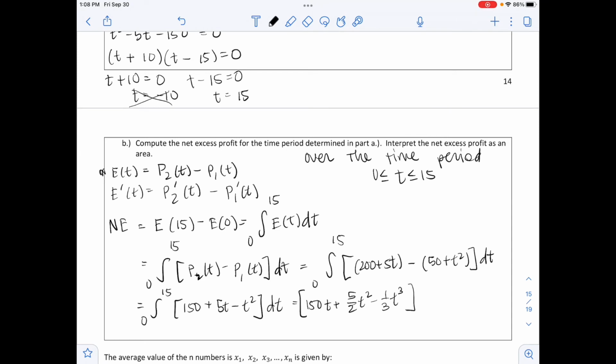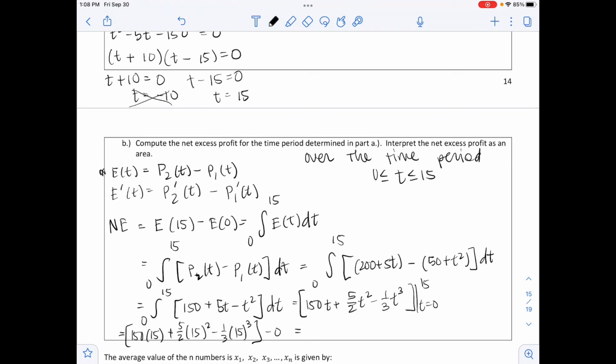And we're going to be evaluating this from t equals 0 to 15. And so the first thing we need to substitute in is going to be 15. So we have 150 times 15 plus 5 over 2 times 15 squared minus 1/3 times 15 cubed. And then substituting in 0, that would just be 0. So I'll put a 0 there for that.